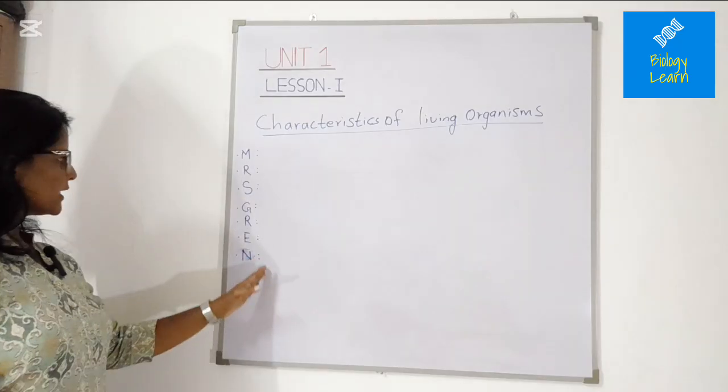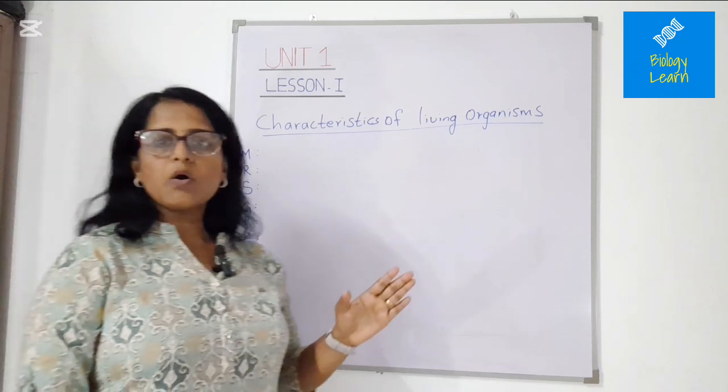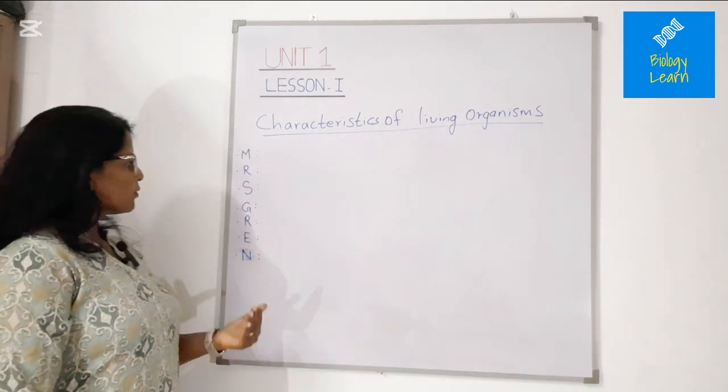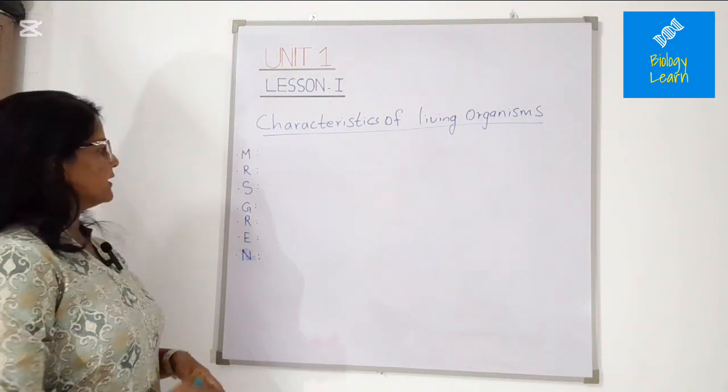Why did I write these letters here? Because we can remember all 7 characteristics very easily by memorizing Mrs. Green.